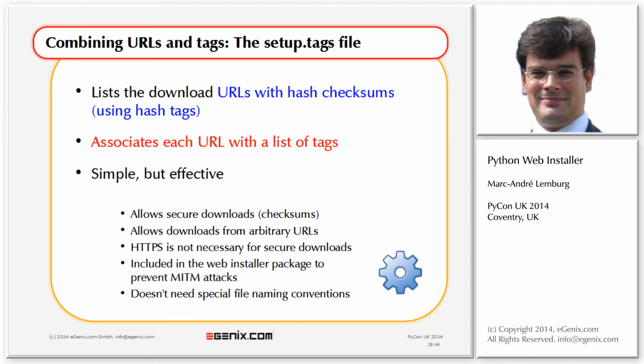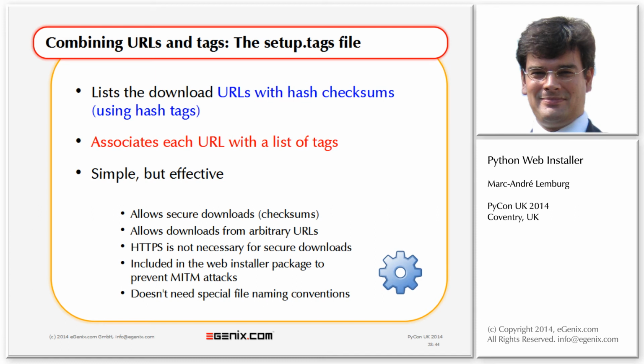And it's a very effective way of making sure that you get secure downloads, you get authenticated downloads, because you don't even need HTTPS anymore, because you can check the checksums in your package, and you know that you've uploaded everything to PyPI, and on PyPI everything is hosted using HTTPS, so you get the complete chain of security for your web installers.